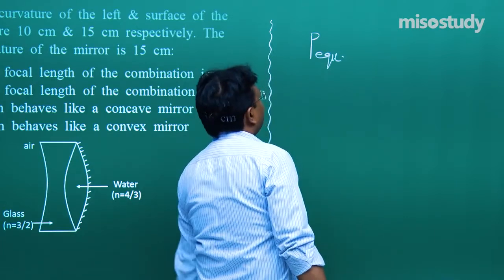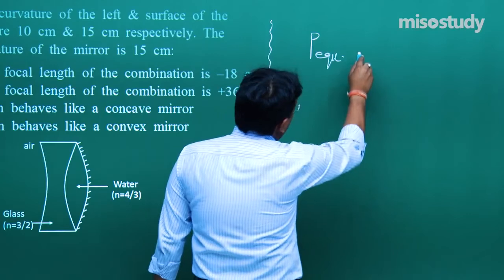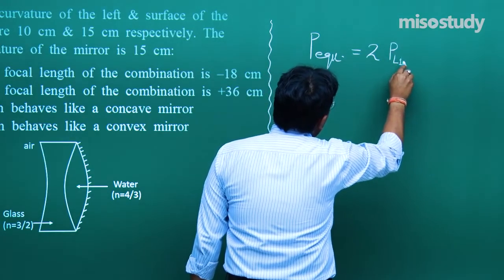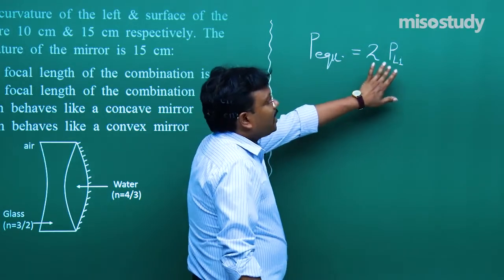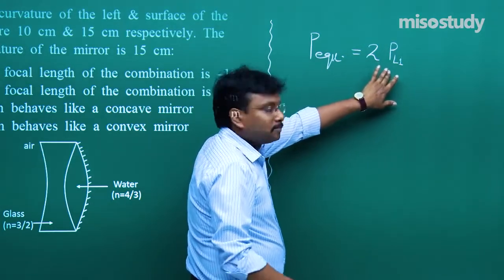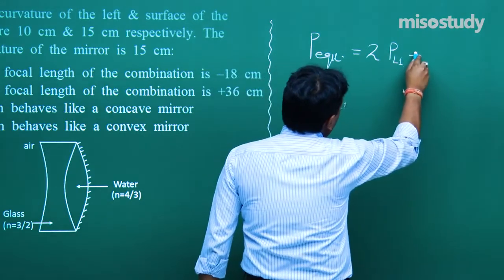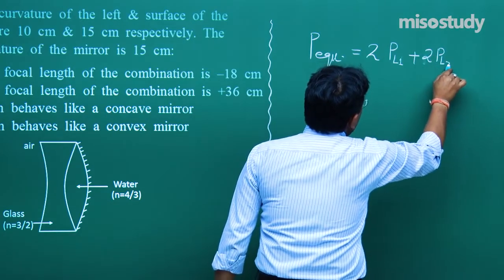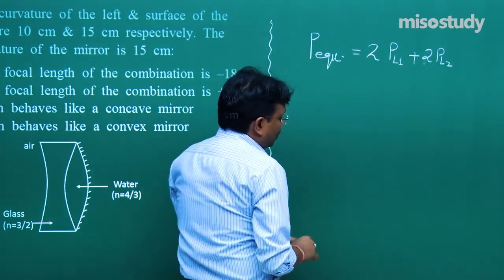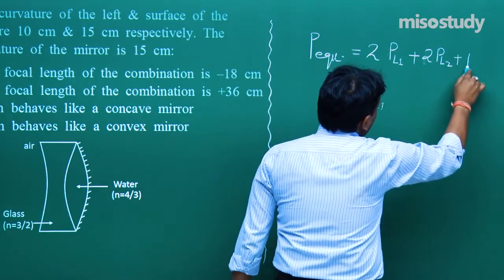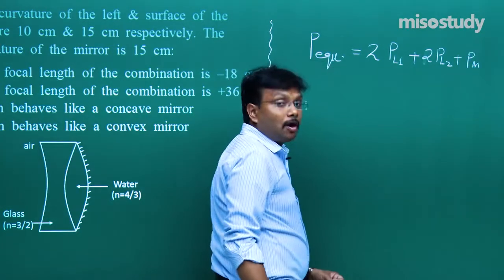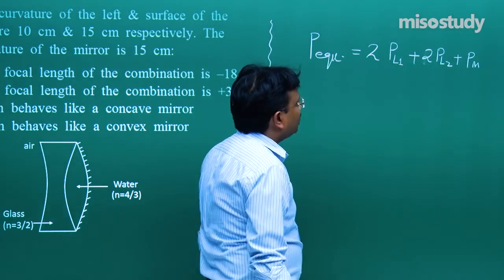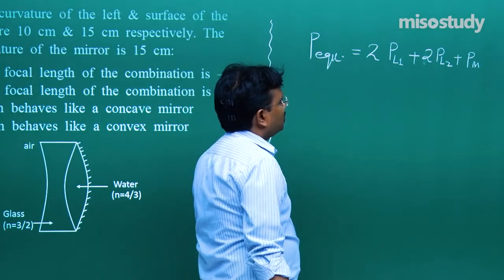Now the final power P equivalent is equal to 2PL1, where PL1 means power of lens 1, plus 2PL2, plus PM, where PM means power of the mirror. So now I hope things are clear to you: twice PL1 plus twice PL2 plus the power of this mirror.